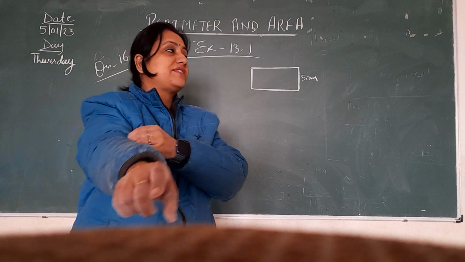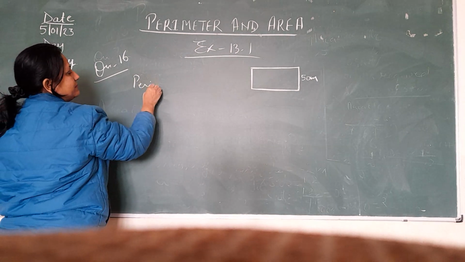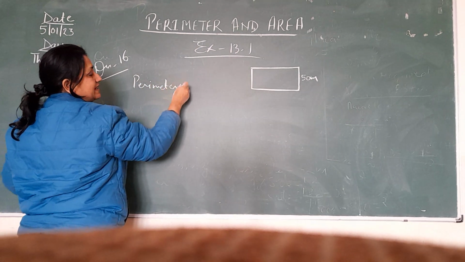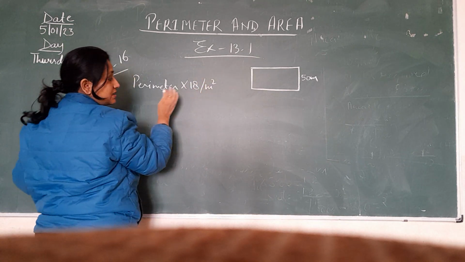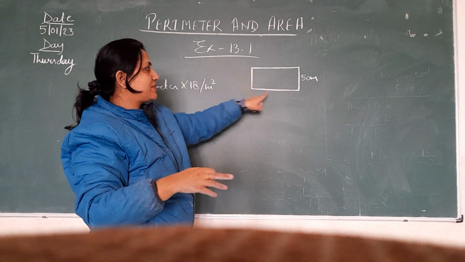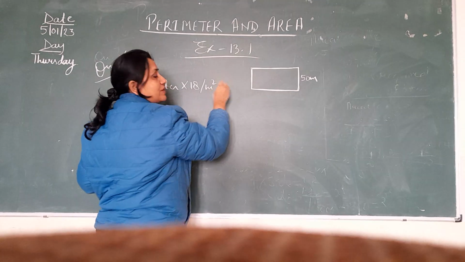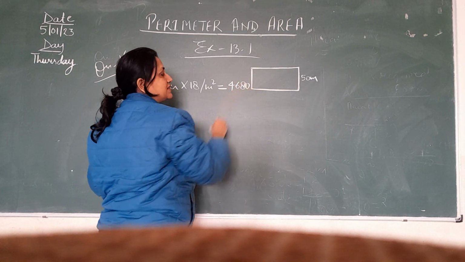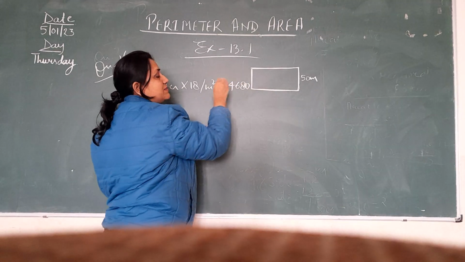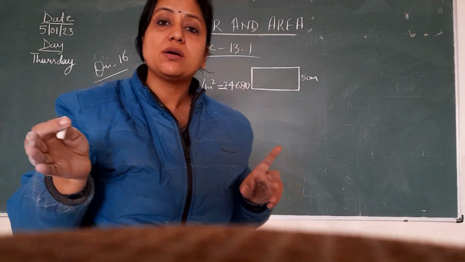So fencing boundary per rate, it means perimeter multiplied by 18 per meter, which is equal to, according to the question, 4680 rupees. इतनी money उसने दी है for fencing of this particular rectangular plot.